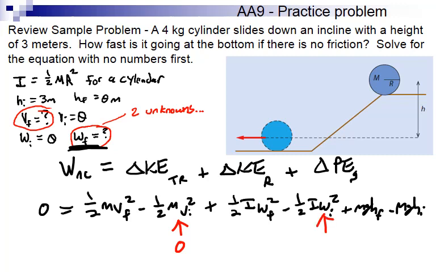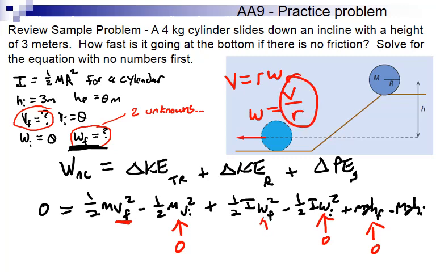Now, one of the tricky things here is that we have linear speed here, but this is angular. If you remember, v equals r omega, so omega is the linear speed divided by the radius, which we can place in here.